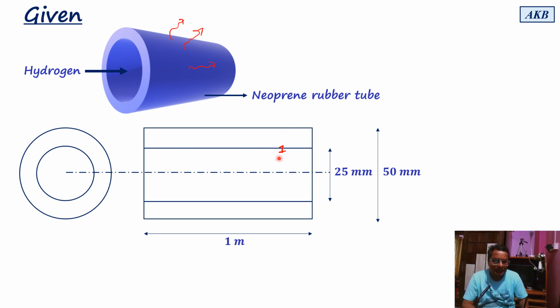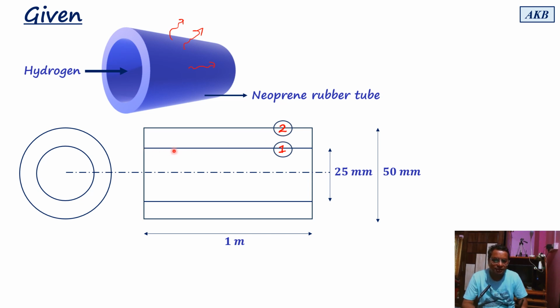On the inner surface of the tube, we are considering a point, and I'm naming that point as point 1, and on the outer surface we will be considering a point that is represented as 2.